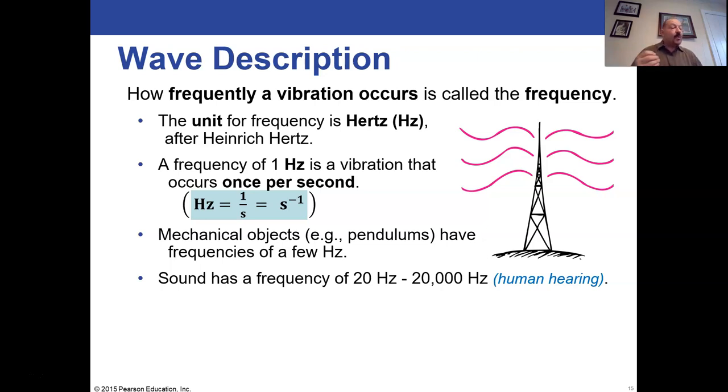Up to extremely high frequencies like 20,000 hertz. These are the super high pitches that you can just barely hear before you stop hearing them, when only dogs and other animals can hear them. That's the frequency range for humans, and this is narrowed as we get older. The high end comes down dramatically as you get older.